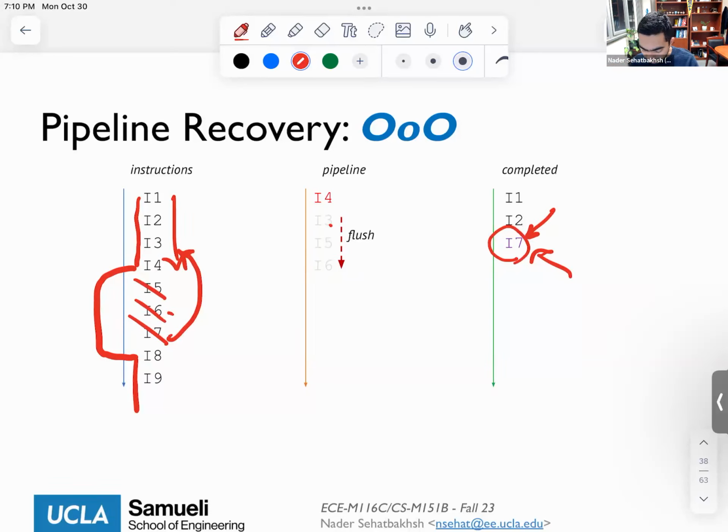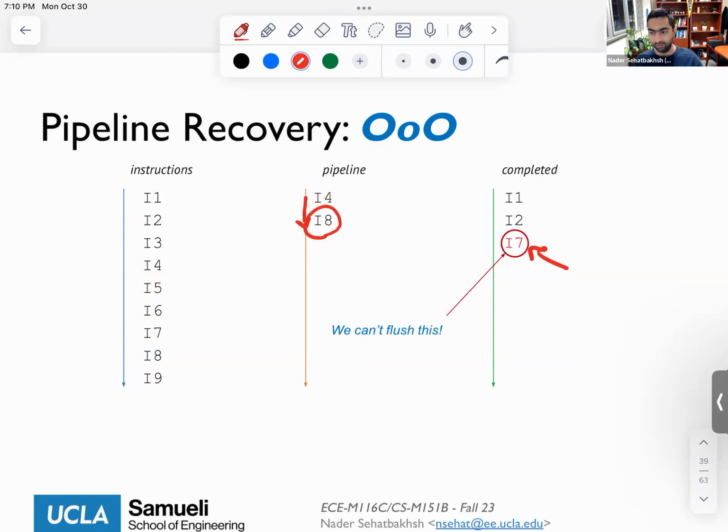As a result, by the time we realize that we made a mistake with the branch, I7 is already executed, so it's too late to flush that instruction. So how do we fix this issue of what we call a younger or future instruction that runs before a jump or a branch, when in reality it should have never been executed?